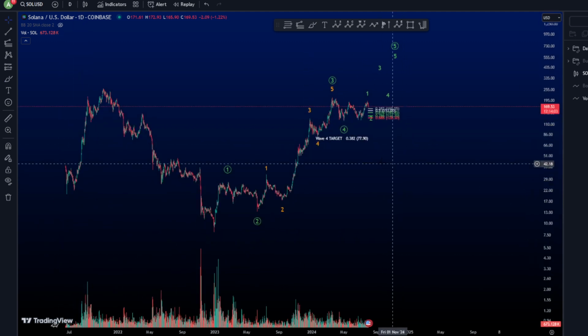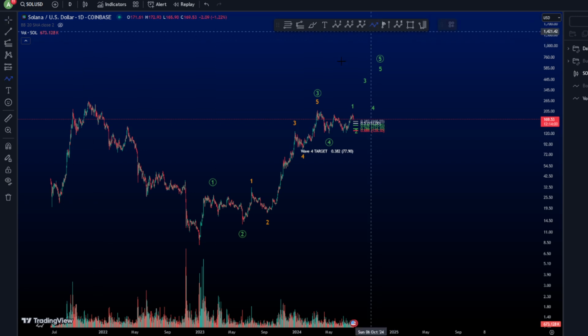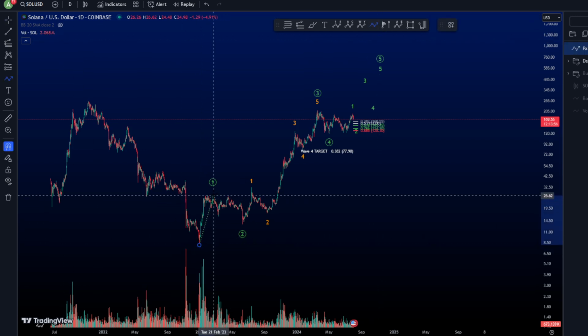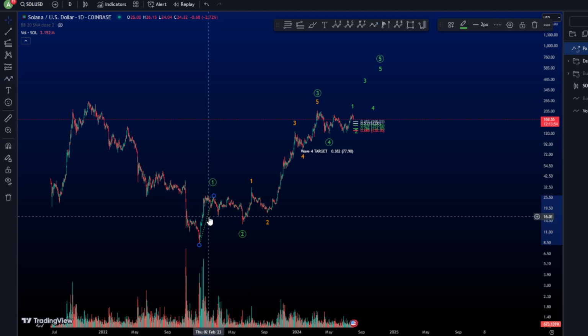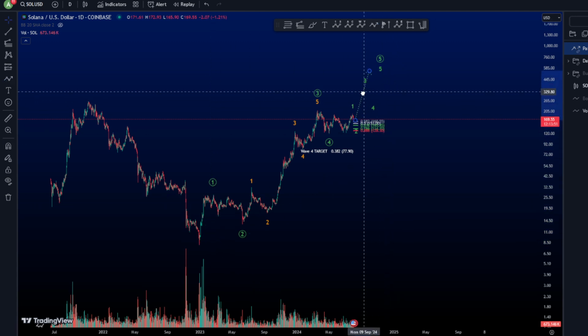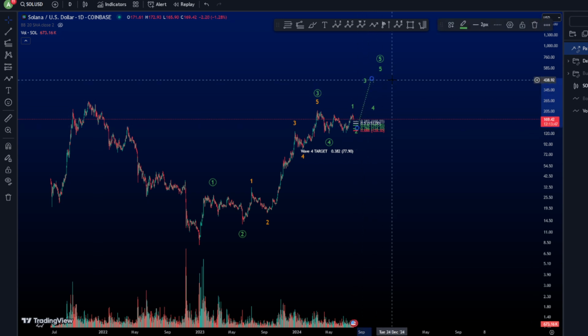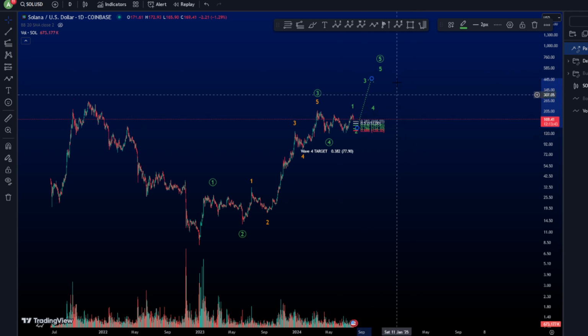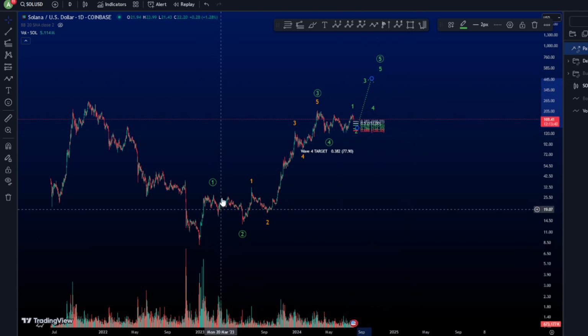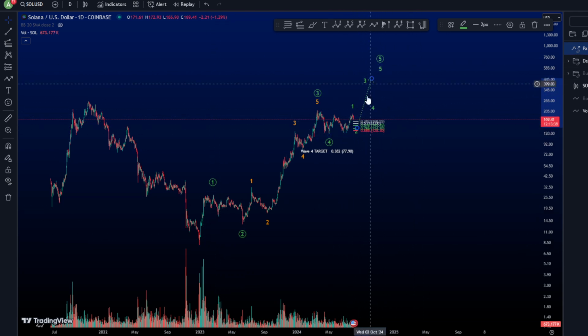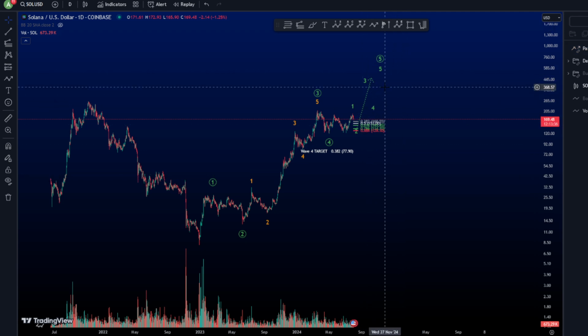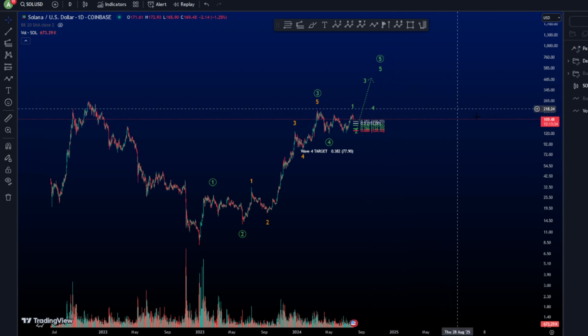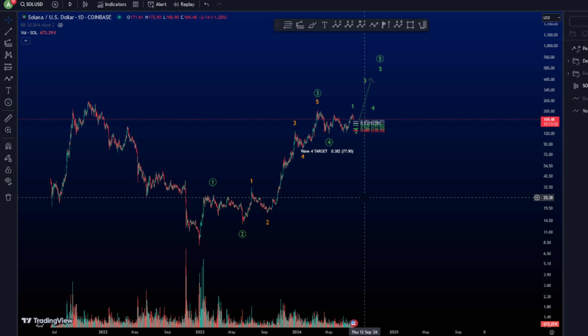Yeah, so for the wave 5 expectation, if this is going to be wave 5, expect almost here, around 450, right? It's not an easy target, because even with this minimum wave 5, we're going to reach even double the price of Solana, which is really, really good.